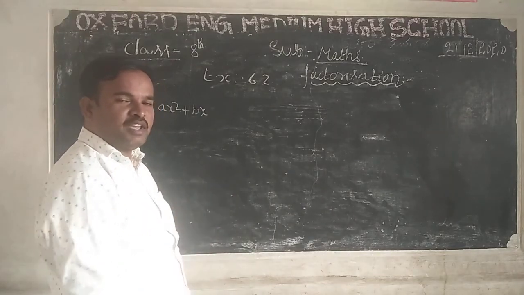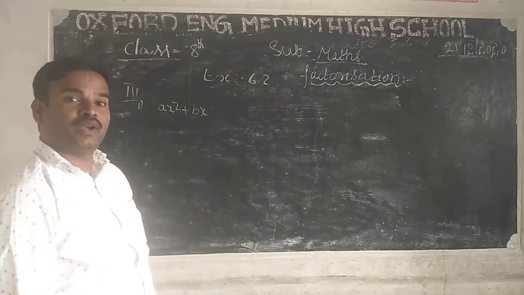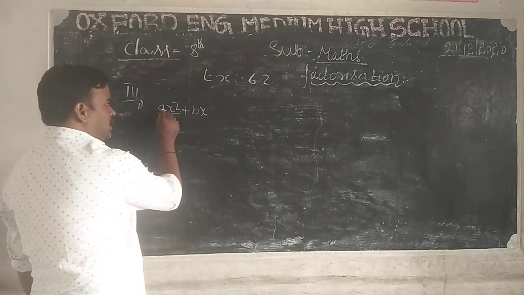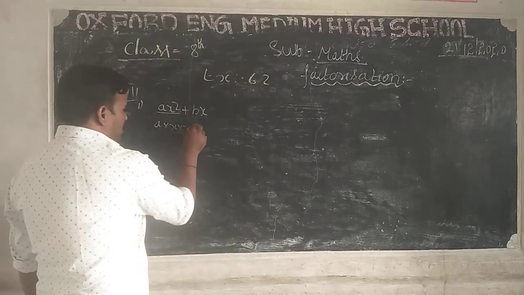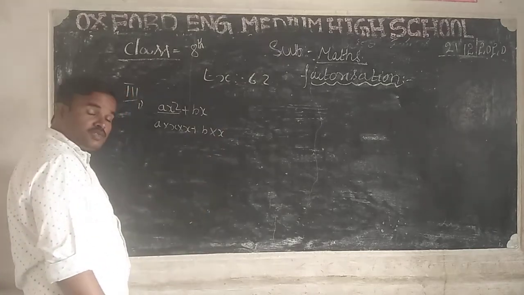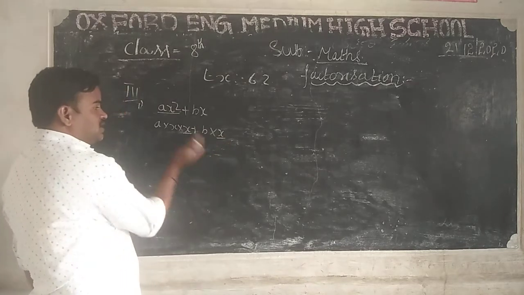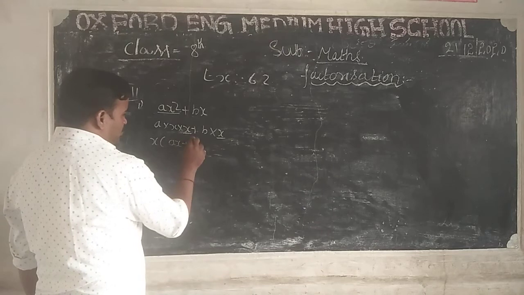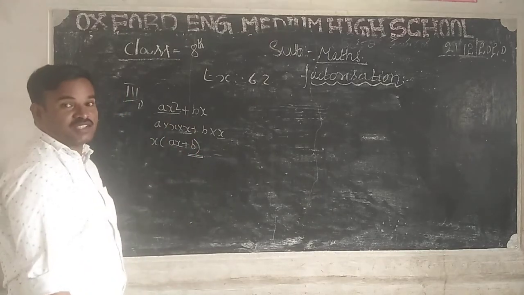It is only a binomial expression. See here, in the term ax square, we have a into x into x, plus here b into x. Which is common in both terms? x is common. That x we take outside: x into (ax plus b). So these are the two factors of ax square plus bx.